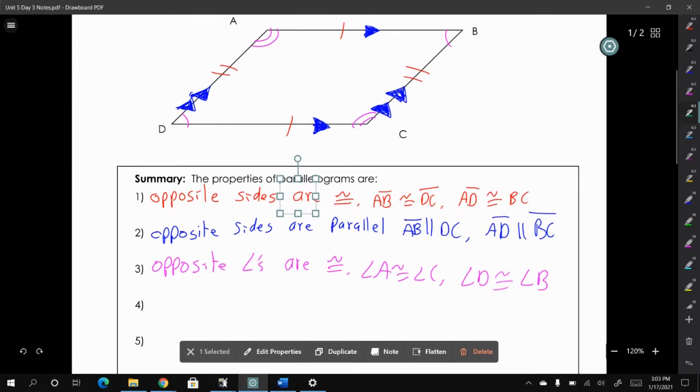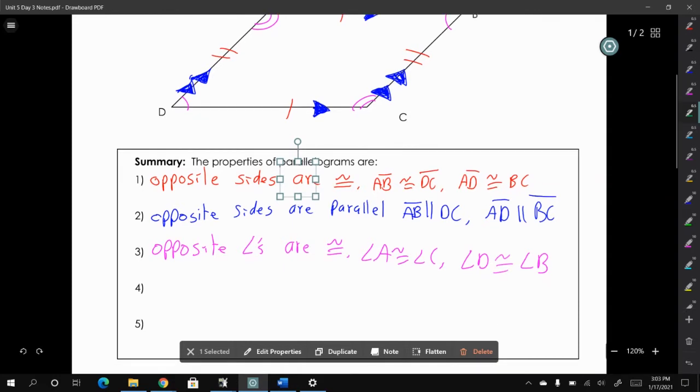Then we have consecutive angles are supplementary. So remember, supplementary angles add up to 180 degrees.